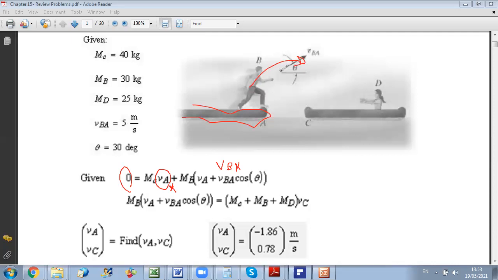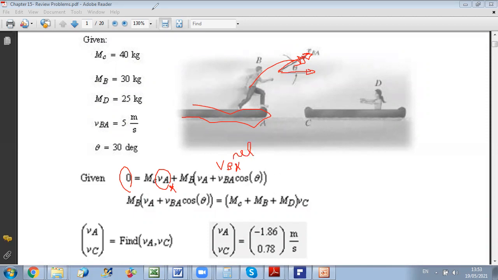Here I should do the projection, since VB relative to A has a certain direction that has X and Y components. Since I am writing a relation along X, I should project this relative velocity along X. Okay, so I have VA plus VB relative along X. VB relative along X is VBA cosine theta.